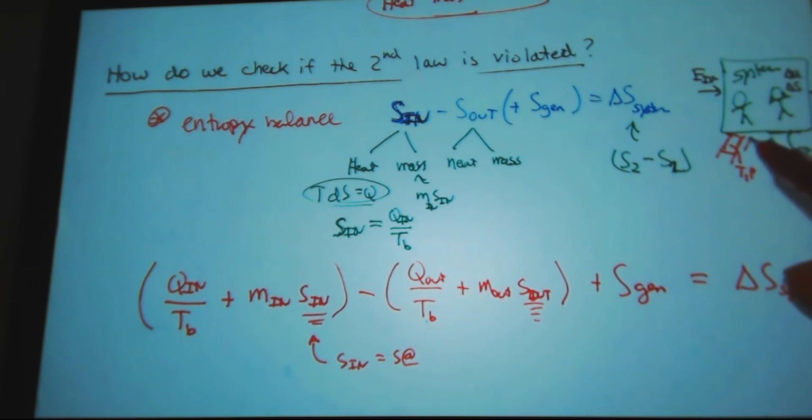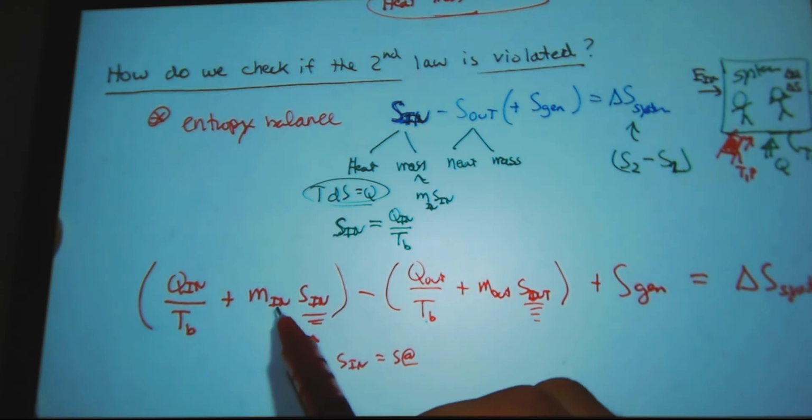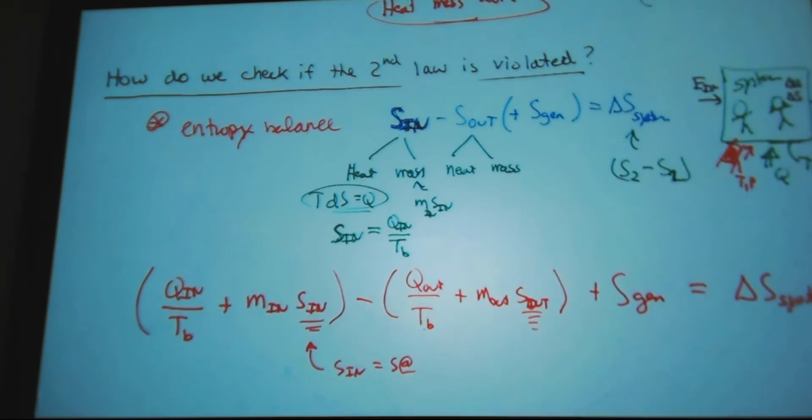It might be coming in at a given rate, and we've already done mass flow rates, volume flow rates, velocities, size of the pipes, we've been doing all this stuff. Everything else still applies. We have a velocity, there's a temperature and pressure. So there are thermodynamic properties of what's coming in. And so here I have a mass coming in, and associated with that mass is a temperature and pressure, so I know the entropy per unit mass of what is coming in.